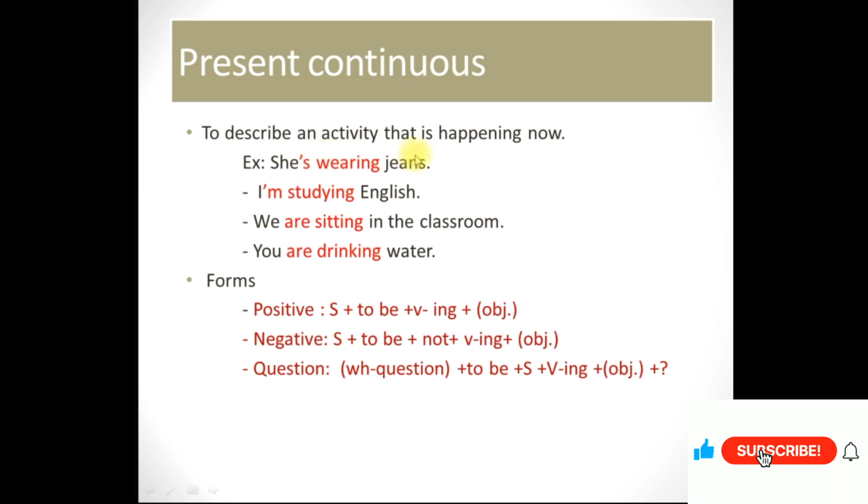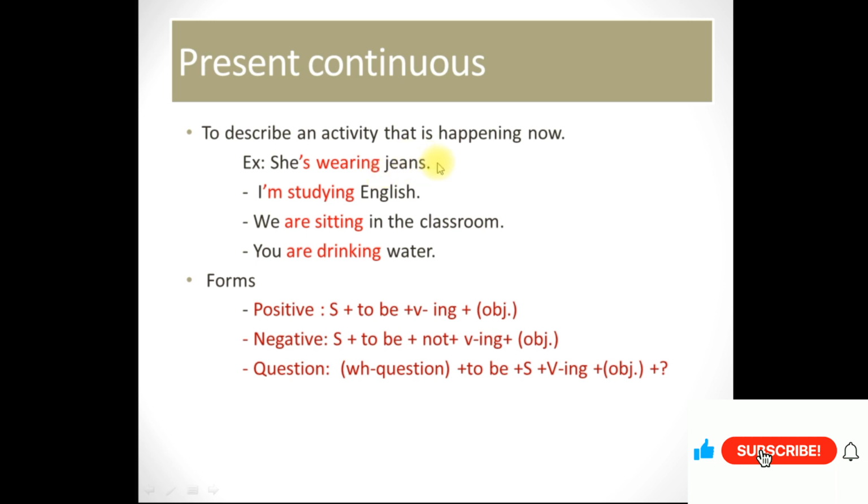The first example is: she's wearing jeans. Wearing jeans means now she's wearing jeans. She's not wearing a t-shirt or other kinds of clothes. Normally they wear different things, not jeans, but today, right now, she's wearing jeans.